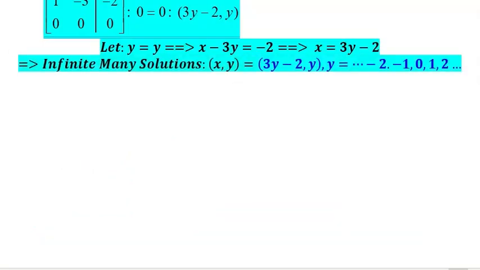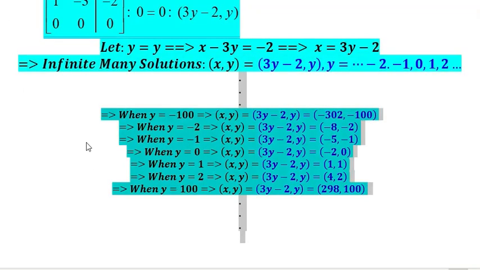Now let's look at some of the values. For example, if y is minus 100, then x is 3y minus 2, that is 300 minus 300 minus 2, which is minus 302.